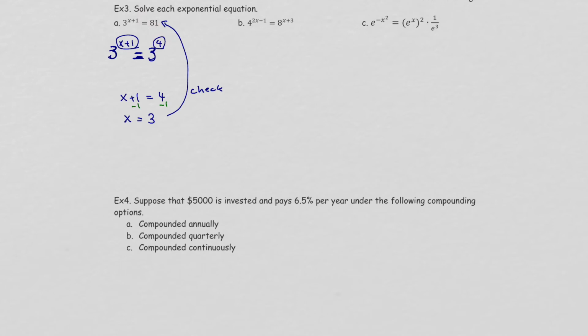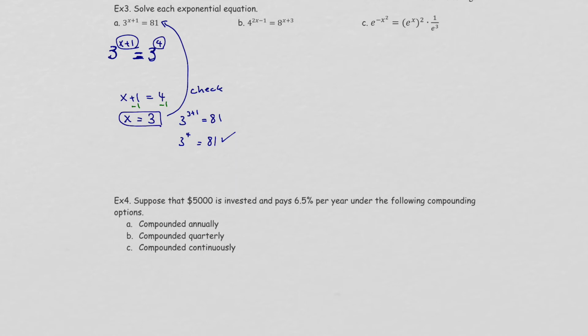When you do that, it will be 3 to the 3 plus 1 exponent should be 81. Let's see if that's true. That's 3 to the 4th exponent. 3 to the 4th exponent is 81. Yep, checks out. So we know that x should be equal to 3.